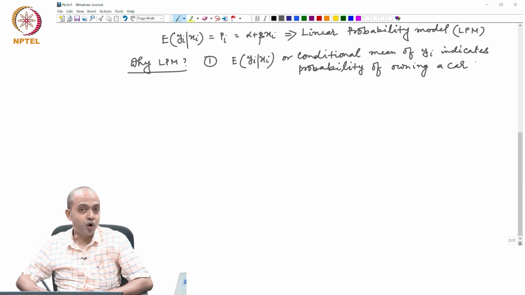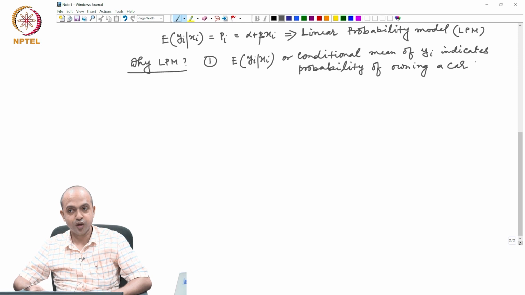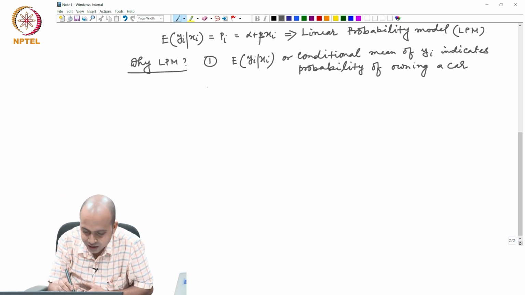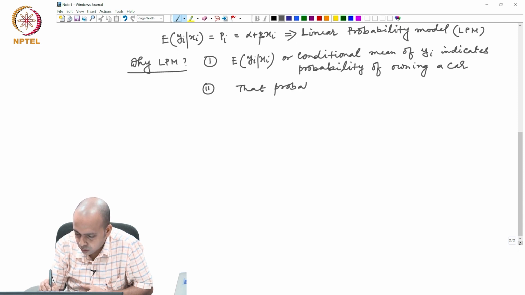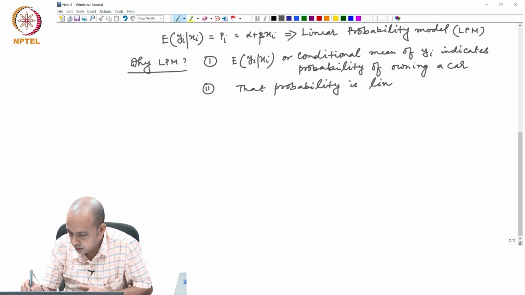When we talk about yi equals alpha plus beta xi plus ui in the context of the consumption function, there the expectation of yi given xi, or alpha plus beta xi, was denoting only the mean income, but here it is a conditional probability. The conditional mean of yi indicates the probability of owning a car, and secondly, that probability is linear in x.